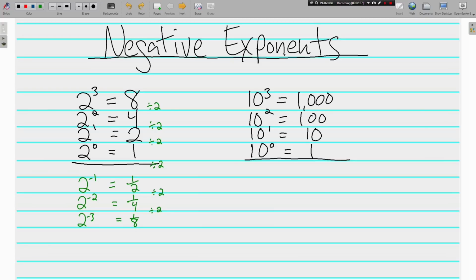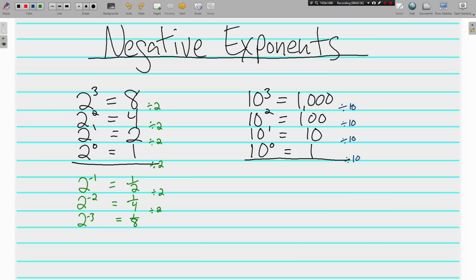Same thing over here for the tens. 10 times 10 times 10 is 1,000. 10 squared is 100, and so on. To get from 1,000 to 100, you divide by 10. You divide by the base each time.